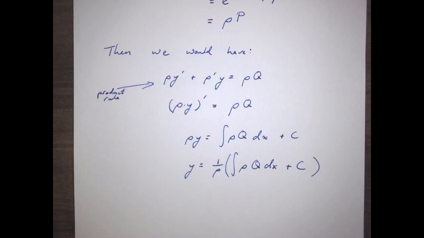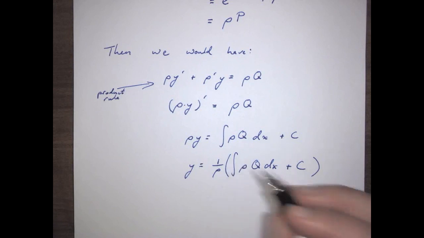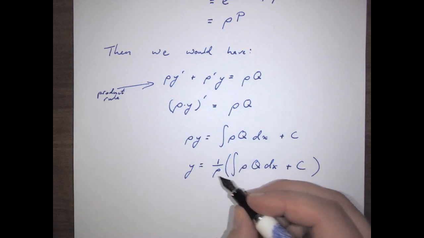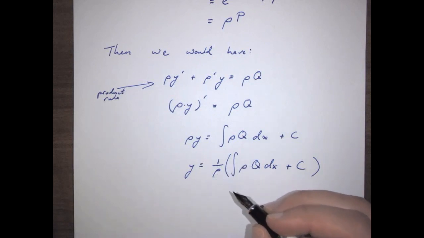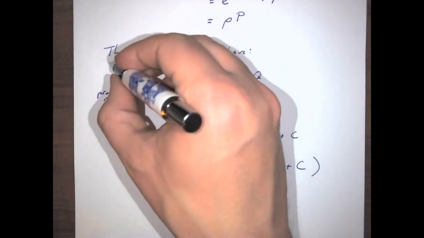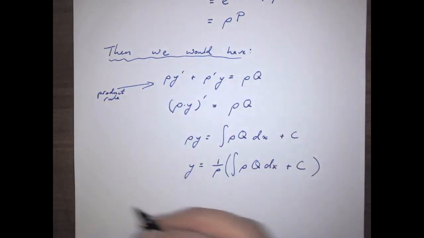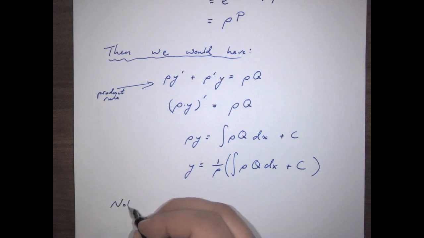So we could return this all the way to its original p's and q's by putting in for rho what it is supposed to equal, but that would not be too helpful. So a note here.